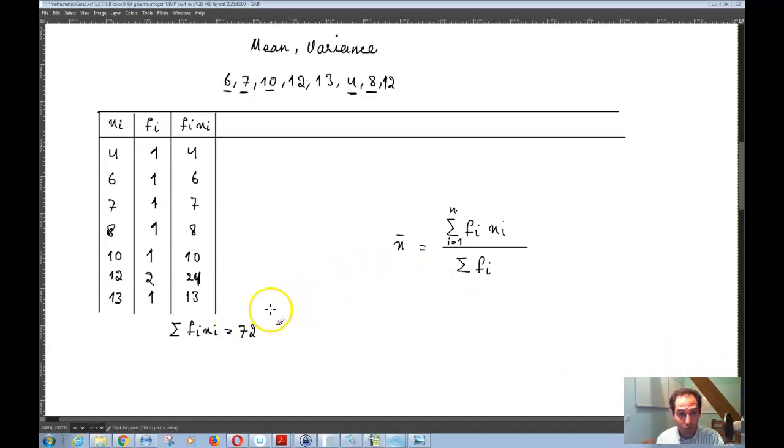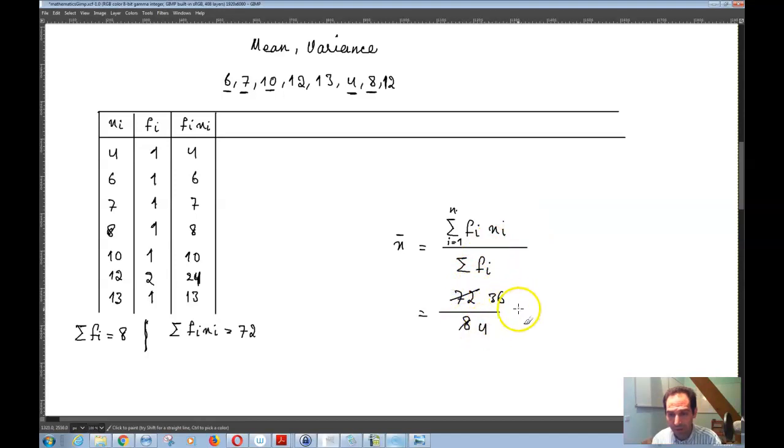So that's 72, and sigma f of i is equal to 8. Then x bar is equal to 72 divided by 8, and 72 divided by 8 is 9. So your x bar is equal to 9.